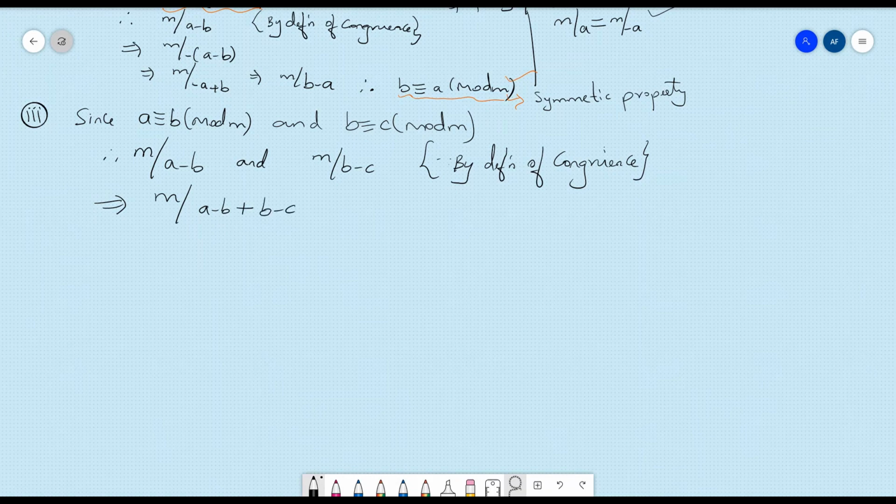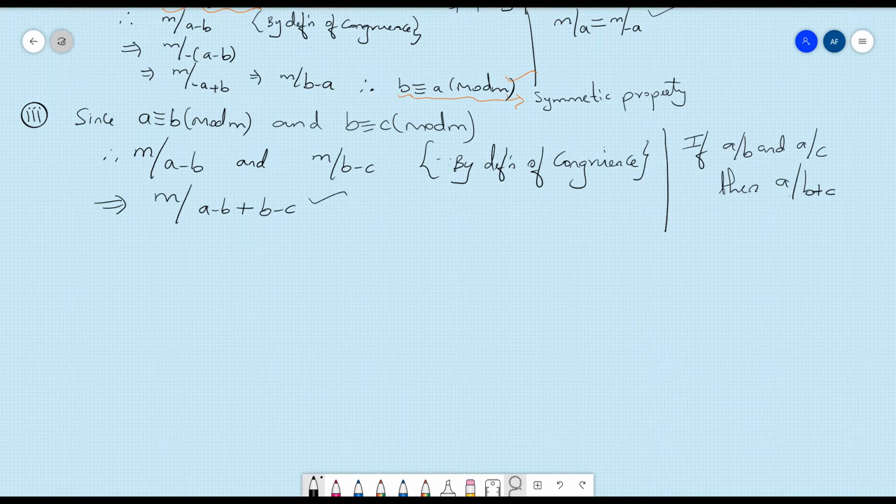How I have written this: we have one property in a congruence, that is if A divides B and A divides C, then A divides B plus C. By using this property, I have written this.